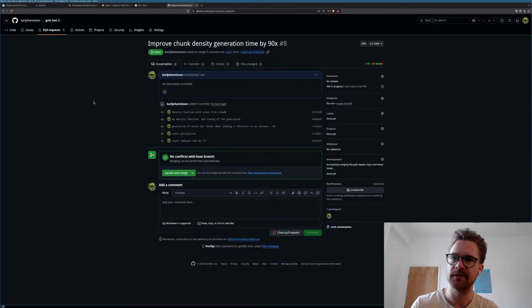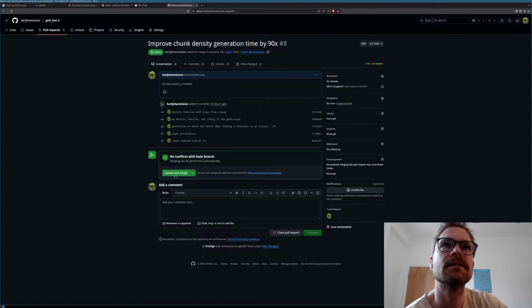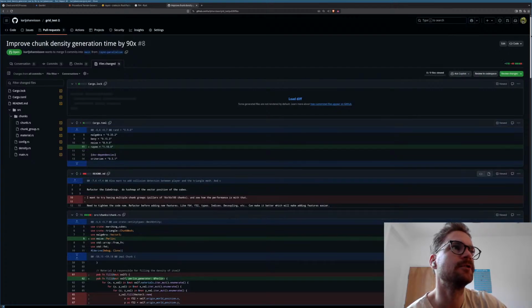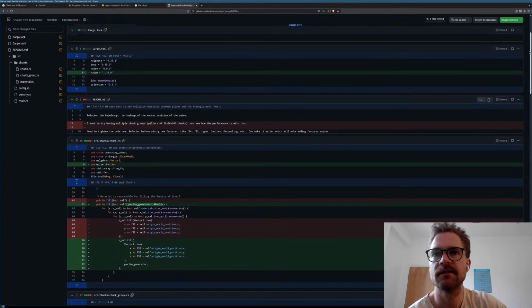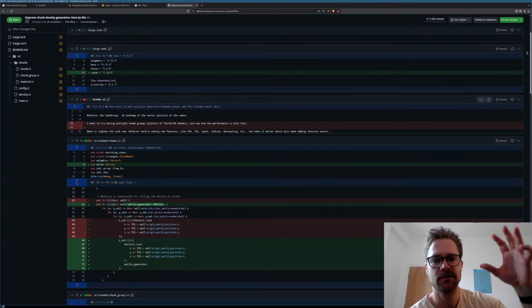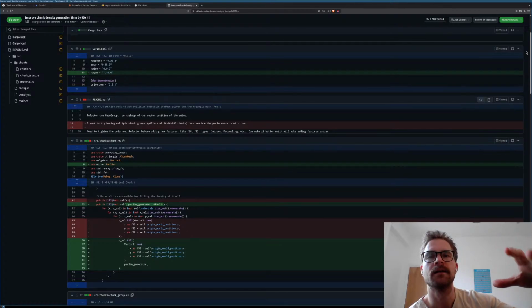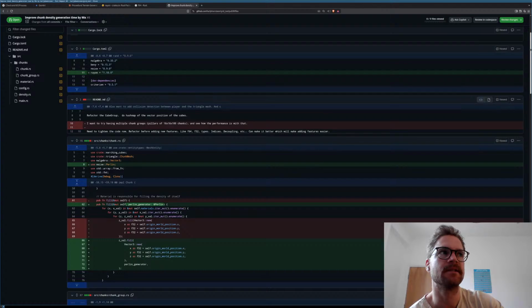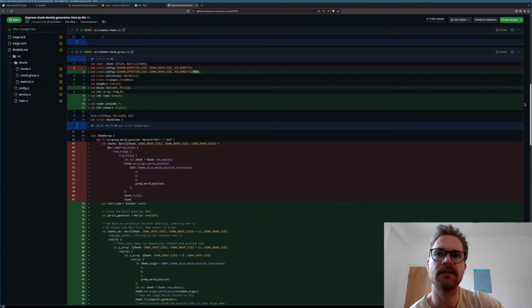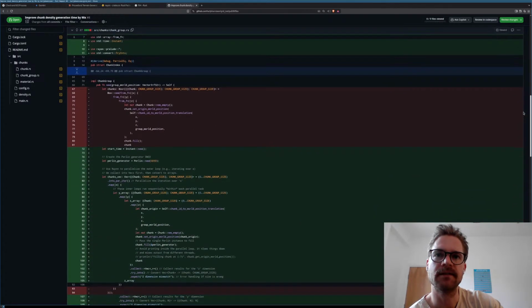Yeah, let me open it from the terminal. I'm just gonna merge this. So this is a huge improvement. It used to take 11 seconds to generate all the density values in the chunks. Now it takes 150 milliseconds. It's a 90 times improvement.